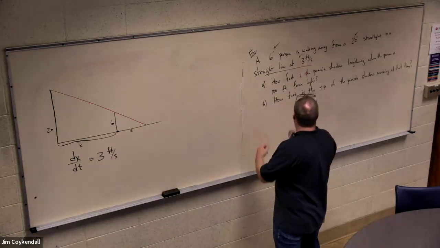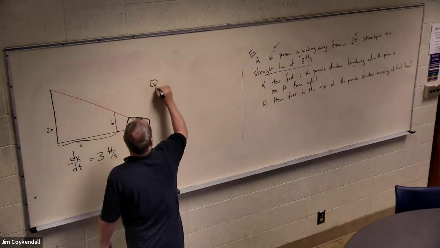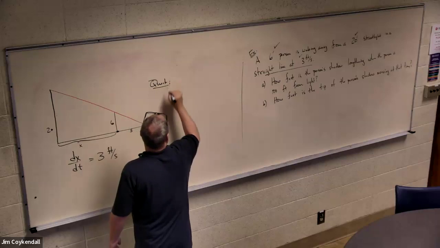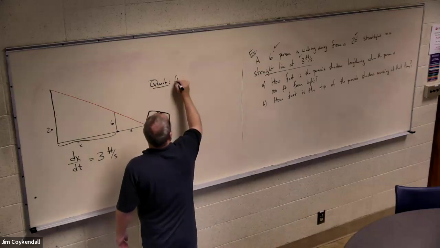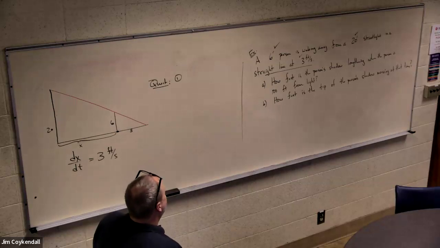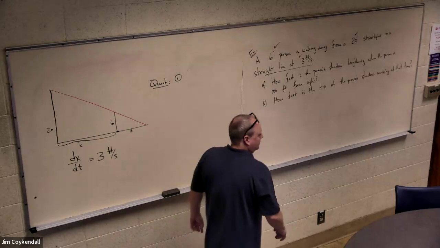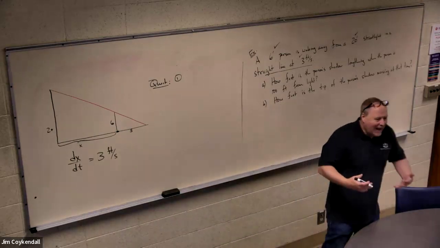Then it starts asking questions. So what is my quest here? Number one, how fast is the person's shadow lengthening when the person is 100 feet from the light? What is this asking?